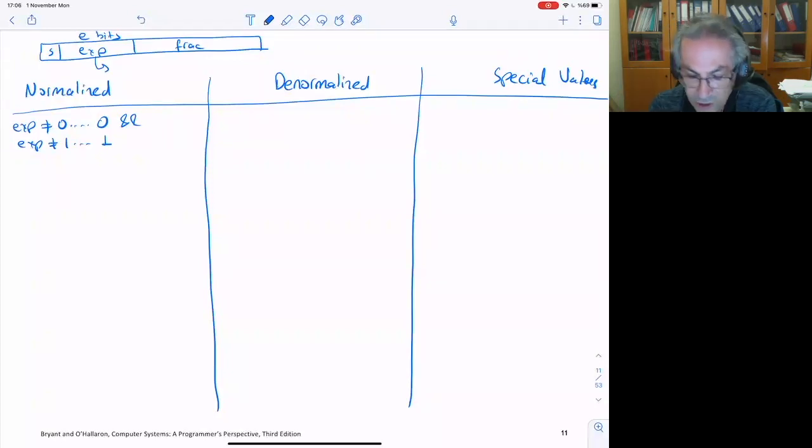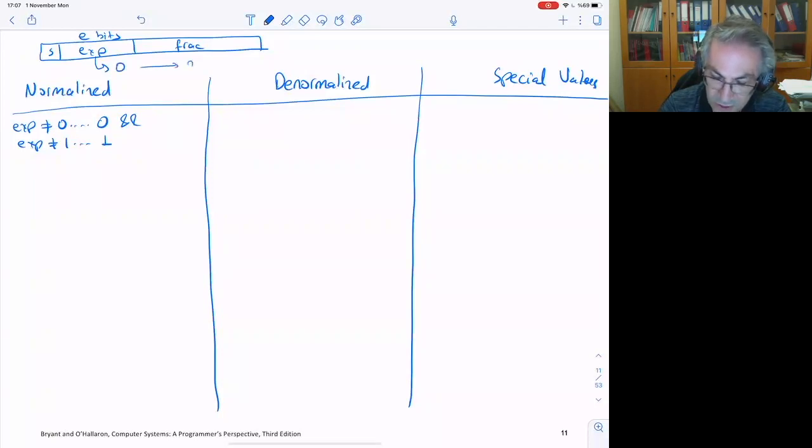With e bits, what's the range of binary numbers that we can represent? I can represent numbers from 0 to 2 to the power e minus 1, where e is the number of bits.